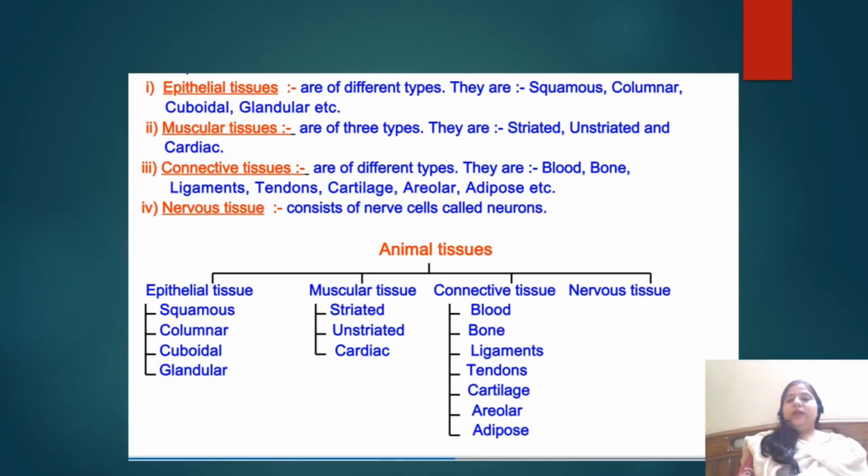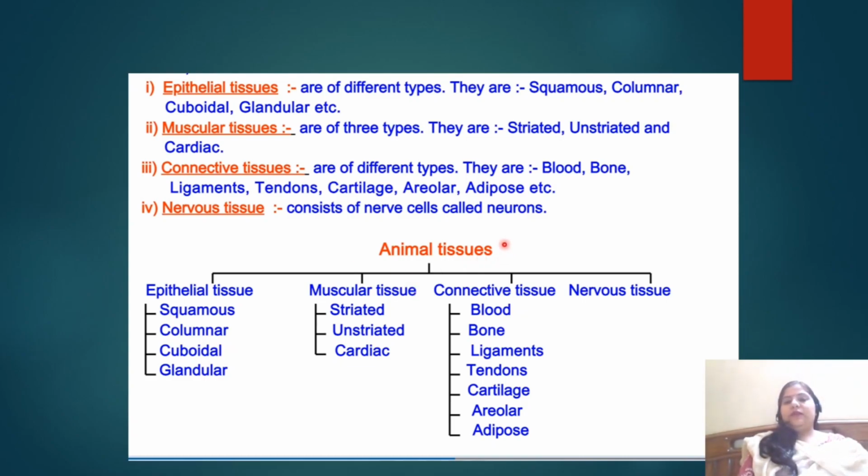The next slide. Now we'll be understanding the different types of animal tissue. I have already given you the introduction at the start on how many types of animal tissues there are. So we have basically four types of tissue: epithelial tissue, muscular tissue, connective tissue and nervous tissue.